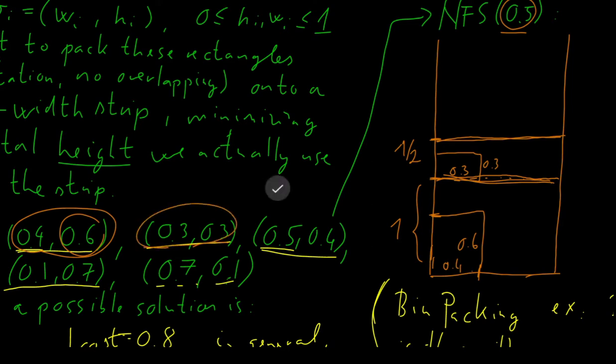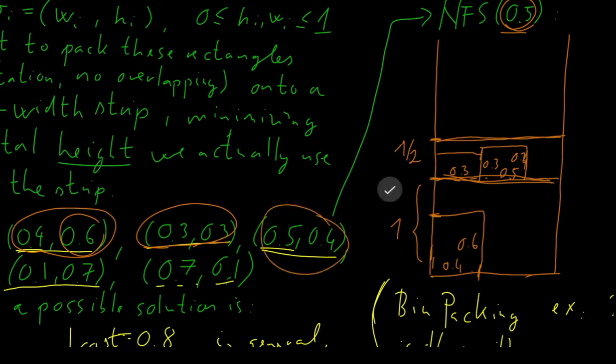Okay, so then I have 0.5 times 0.4. Now for that again a shelf of height 0.5 suffices. That's great. And also this box fits next to the one we already have on the shelf, and we still have a space of 0.2 left on the shelf, so it's 0.5 times 0.4.